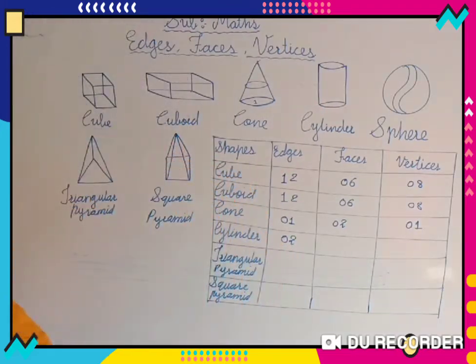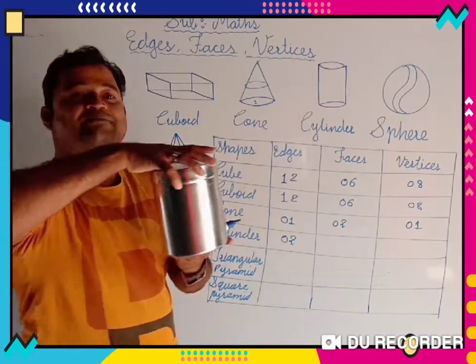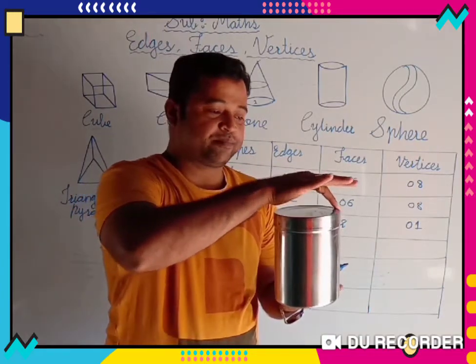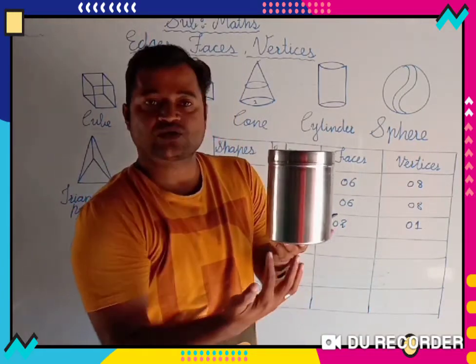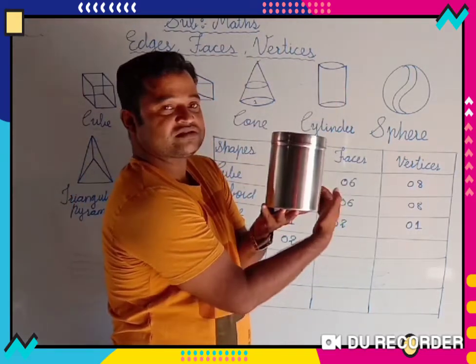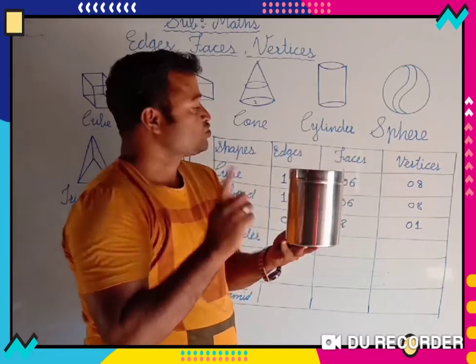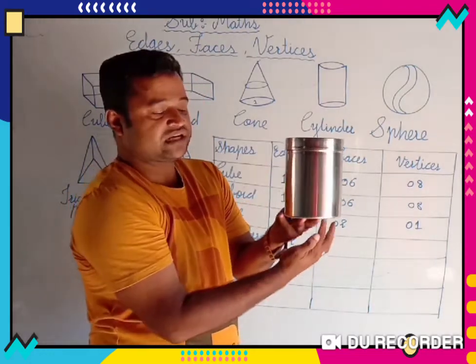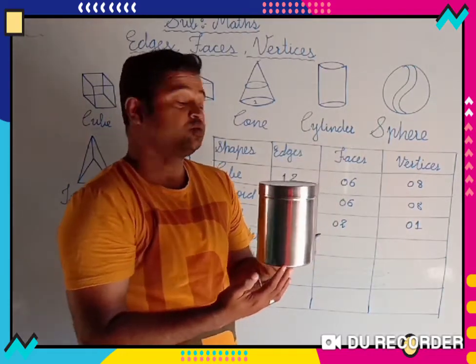For example, a tin at home is an example of a cylinder. It has two edges, the upper one and the lower one. This side is not straight, it is circular, round, right?